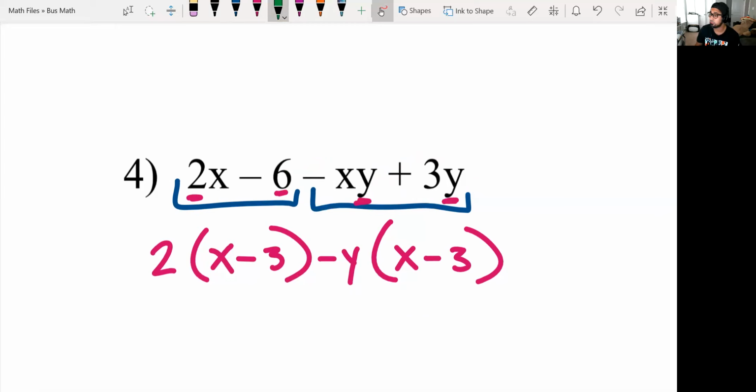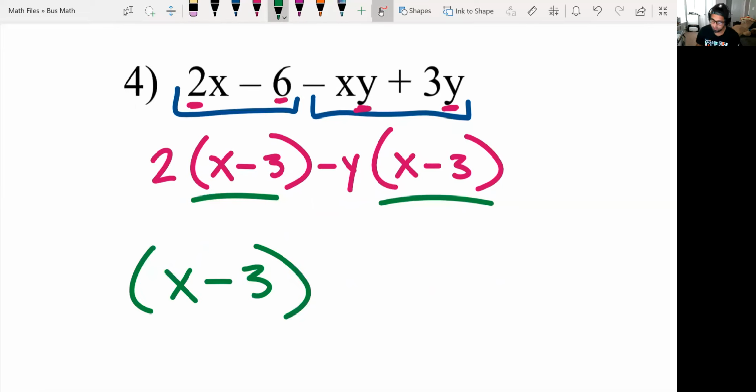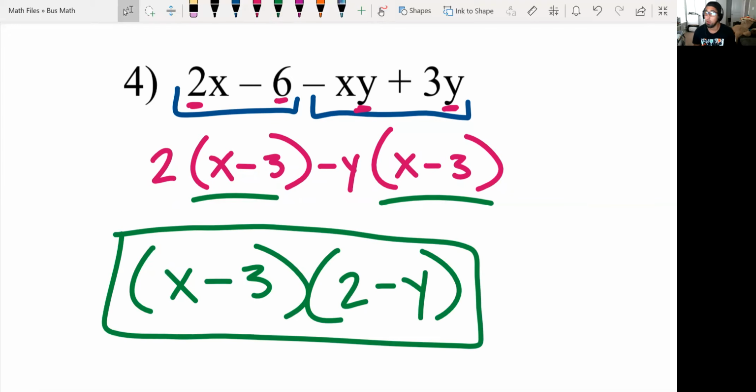And now, do these terms look the same? Yes. Factor out the x minus 3. What's left over? The 2 minus y. Okay, perfect.